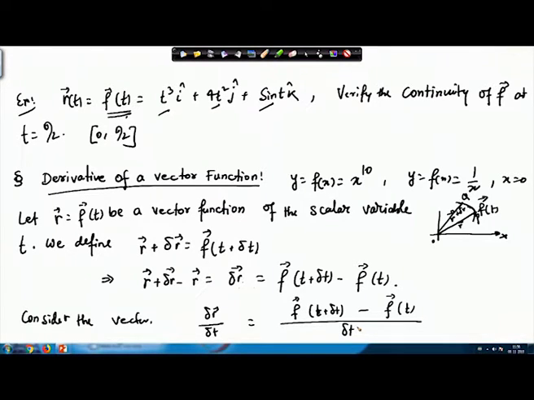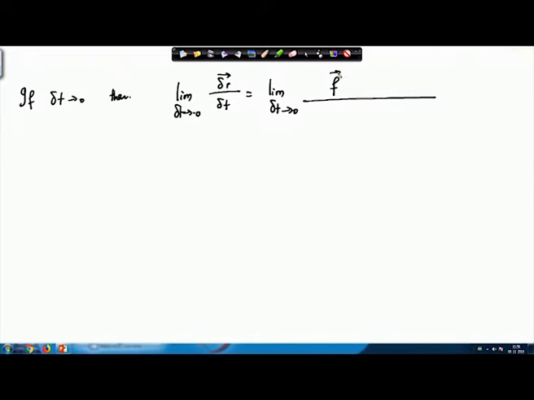And if I make delta t go to 0, then the limit as delta t goes to 0 of delta r by delta t equals the limit as delta t goes to 0 of f of t plus delta t minus f of t divided by delta t, provided it exists.